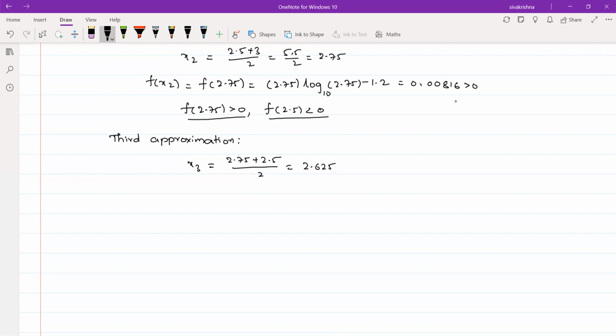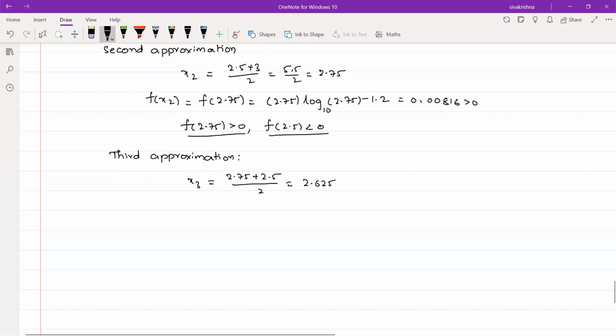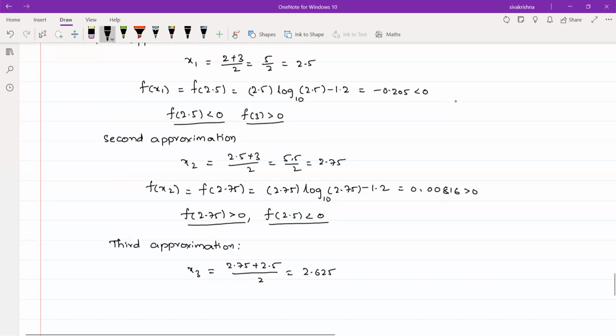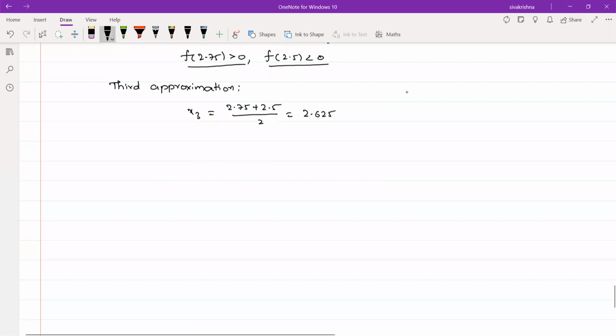So we have found three approximations so far, and if you observe the three approximation values, we do not even have one decimal place equal. So one decimal place is also not equal in the three approximations, so we have to continue with some more approximations. Okay, so after getting x3, now we have to find f of x3.